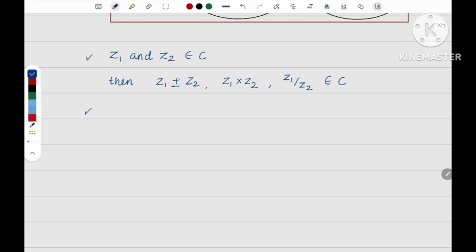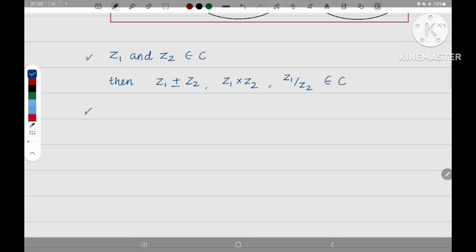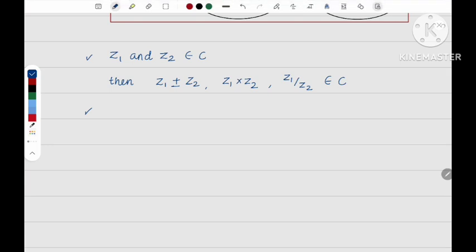Second thing, we have already seen that inequalities have no meaning in complex numbers, right?